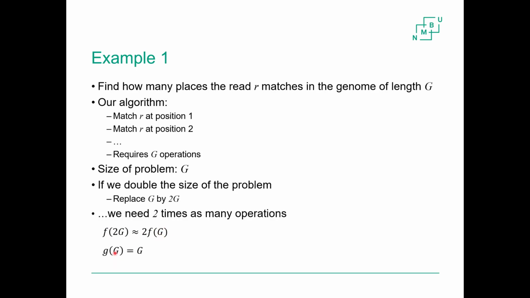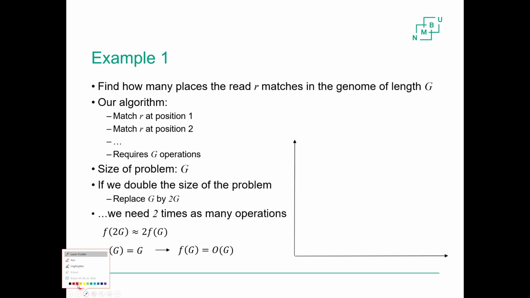So we say that the limiting function is this linear function. The function of G is G itself. So we can write the running time of this matching algorithm as big O of G. So it grows linearly by the size of the genome.